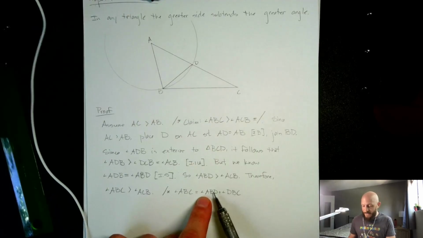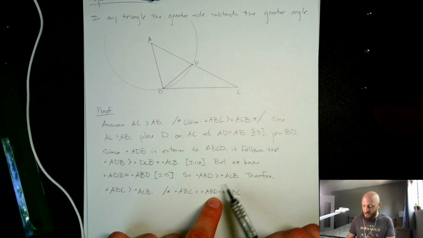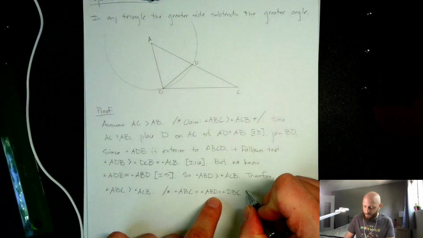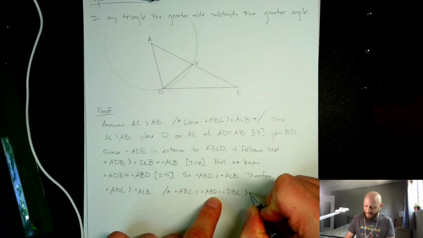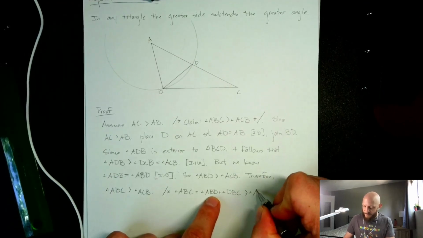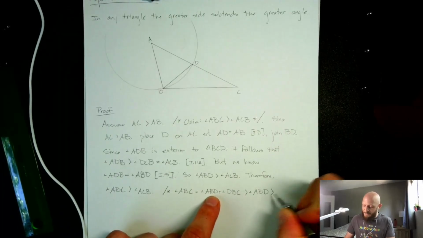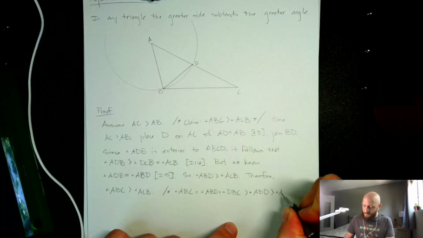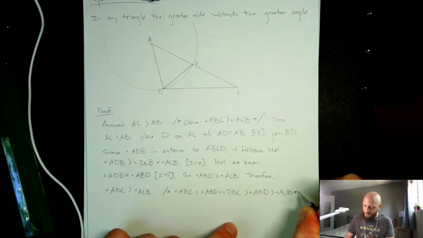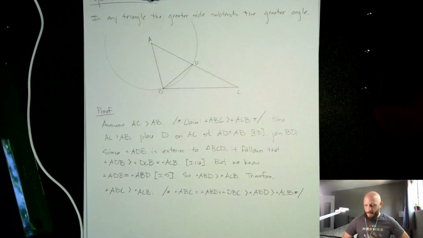So obviously ABD plus angle DBC is going to be larger than angle ABD. I guess, yeah, that's how I'll write this out to make it just insanely clear. ABD plus angle DBC is obviously greater than angle ABD, since both are positive, and we just found that angle ABD is greater than angle ACB. So the result follows.